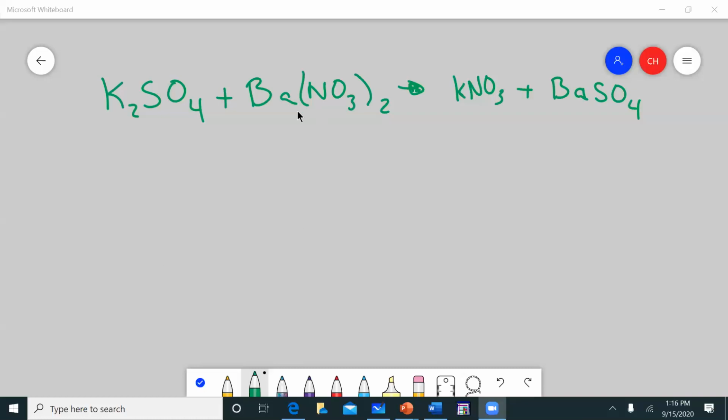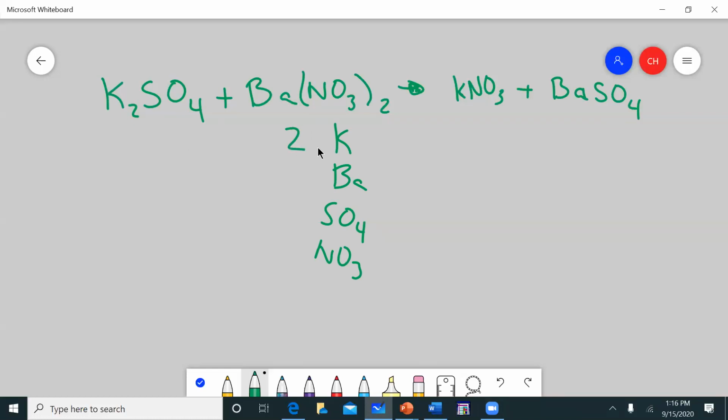Okay, so for this guy, we've got potassium, we've got barium, we've got sulfate, and we've got nitrate. Again, just sort of getting used to these guys being polyatomics. They do stay intact, they don't break up, so I'm going to take them as a little packet.